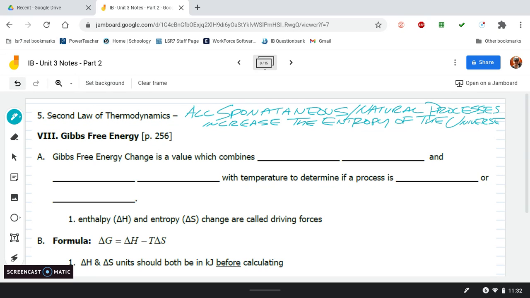So all spontaneous or natural processes are going to increase the entropy of the universe.